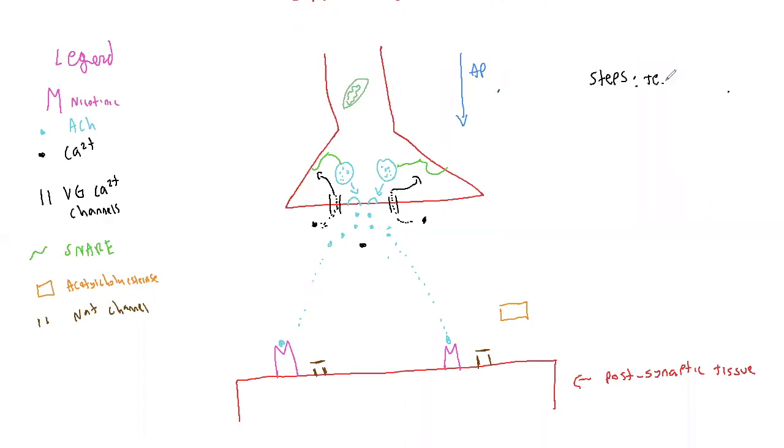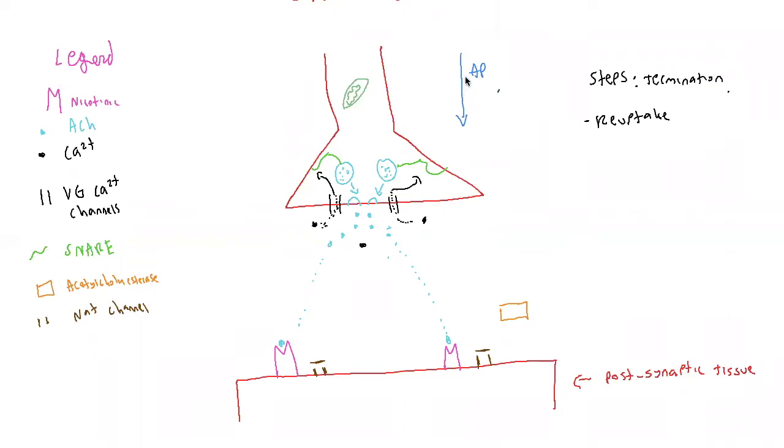So steps of termination. There's basically 3 ways that this process can stop. Step 1 is going to be reuptake. You probably have heard of a class of drugs called selective serotonin reuptake inhibitors. And that's because presynaptic neurons have active channels, pumps called reuptake pumps.